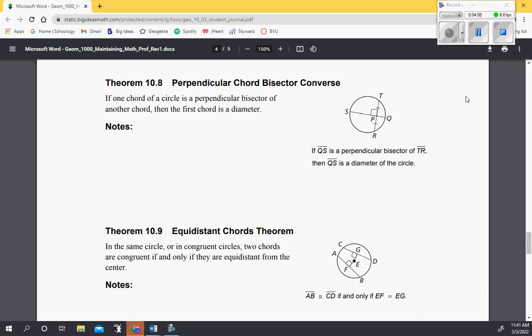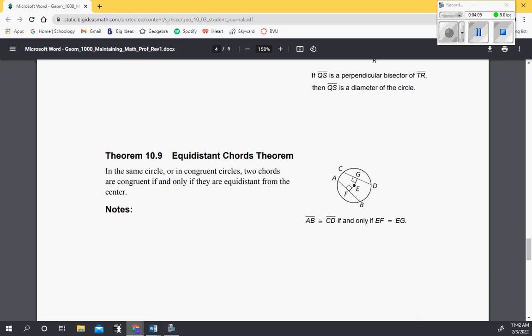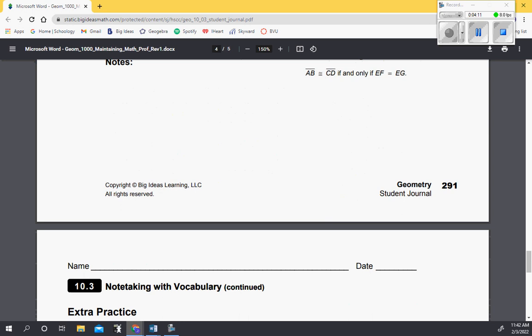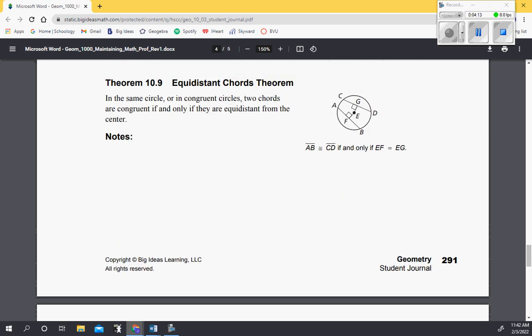All right. And the last one here. Equidistant chords theorem. In the same circle or congruent circles, again, based on our drawing or what we're given, two chords are congruent if and only if they're equidistant from the center.